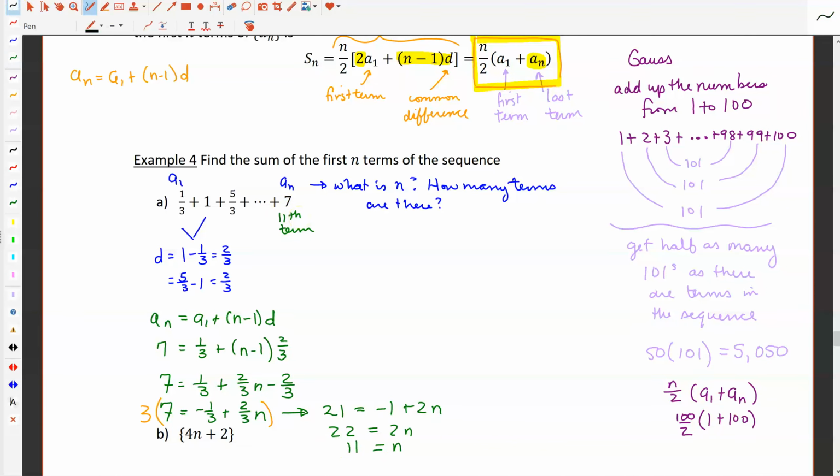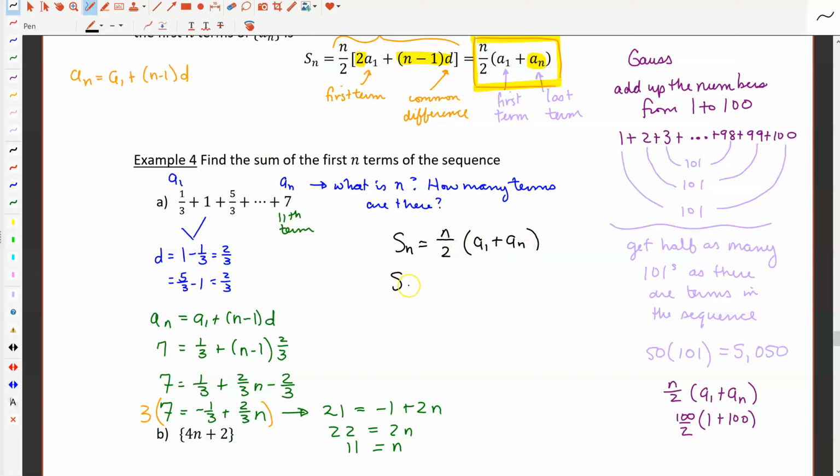We will use that to find our sum. All right, so s sub n, which in this case, now I know what my value for n is, it would be s sub 11. Actually, we'll start by recording the general formula. s sub n is equal to, and I'm going to use this version over here, n divided by 2 times a sub 1 plus a sub n.